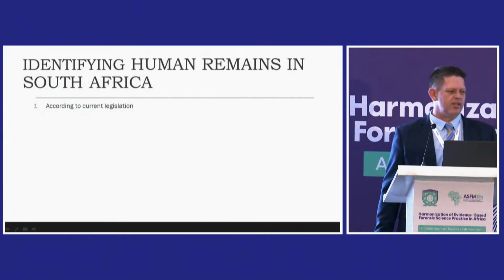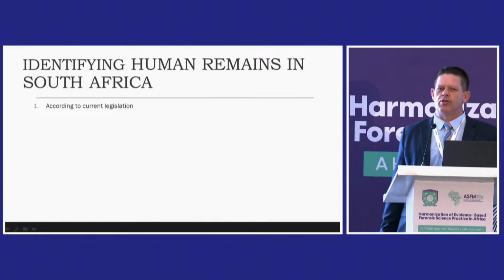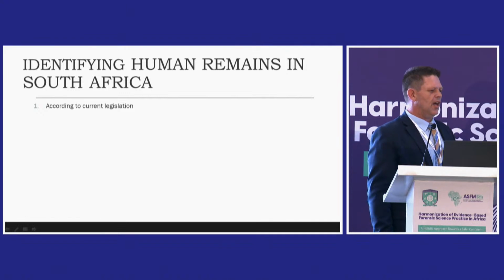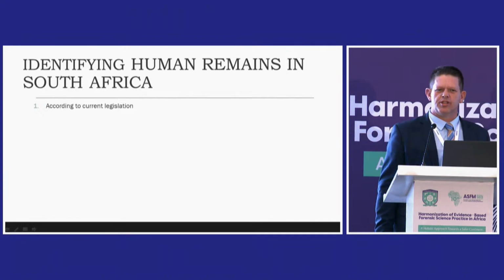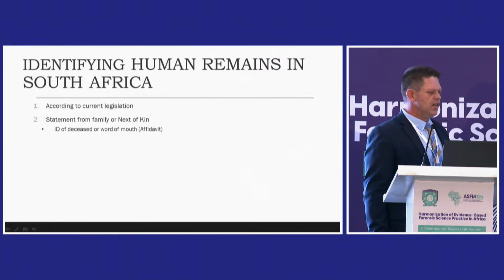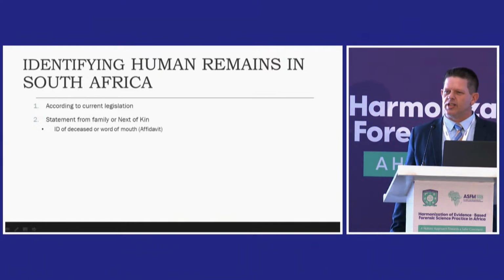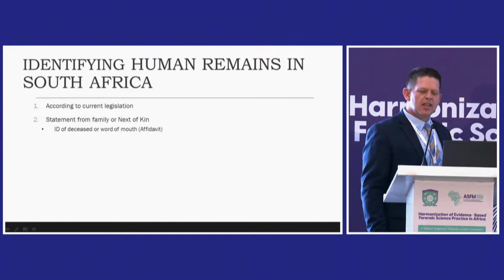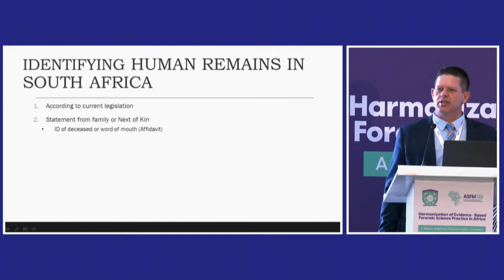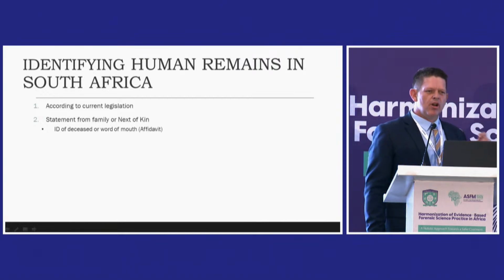Identification of human remains in South Africa. As you heard by previous speakers, we have good legislation in South Africa that's related to identification of any person in South Africa. And what we then do is, when we identify human remains, it's done by a statement. The family come and produce a document, they view the deceased, and it's done by word of mouth.